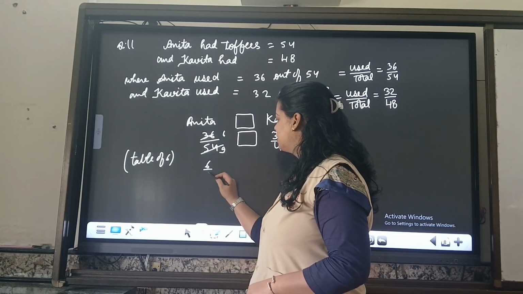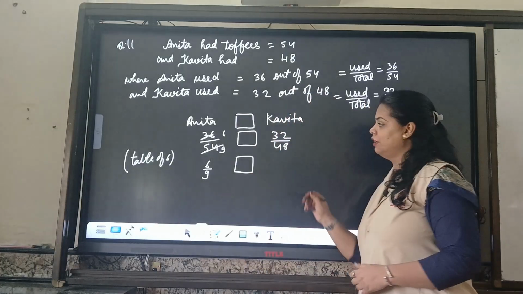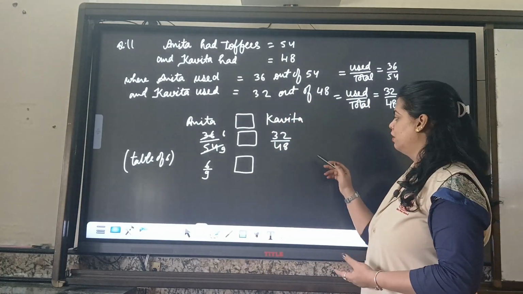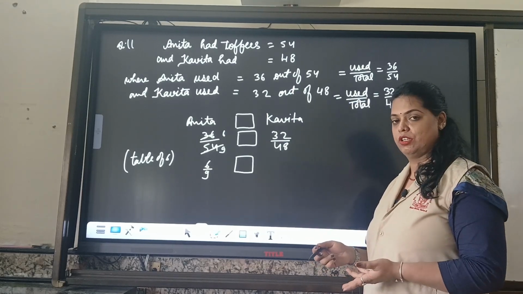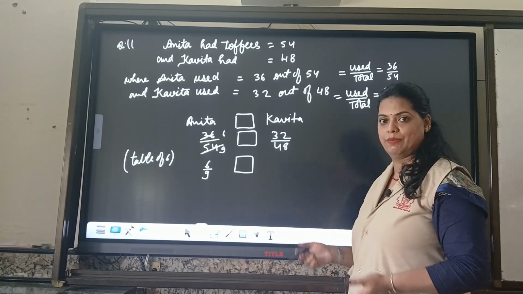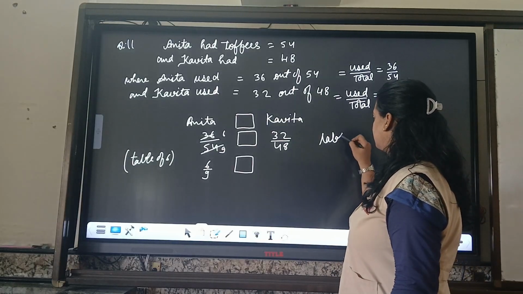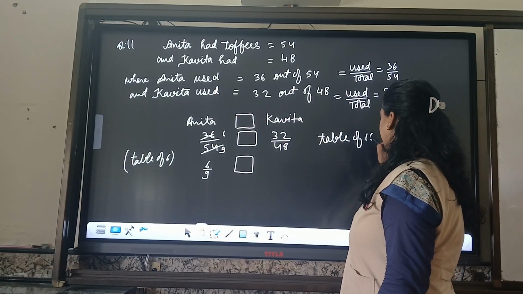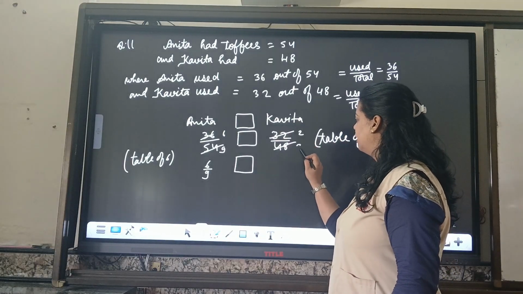So our new number is 6 upon 9, and here it is not sure that we can take the same table over there. Here we have to take the table of 16, the highest table which you can take. If you want, you can take the table of 2 and 4 and other tables also. I am taking the table of 16. So it will be 2 times and 3 times.